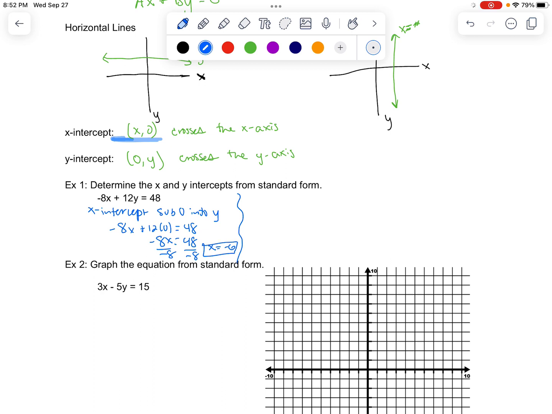So the whole point of this is that I'm subbing in 0 into my x and y spots in order to find the appropriate intercept. So on the y-intercept, I'm going to plug in 0 into the x spot.